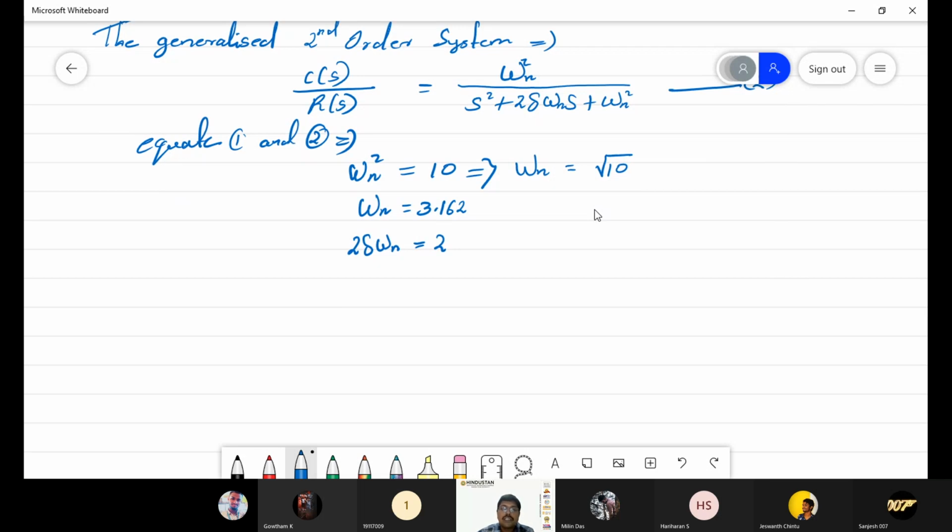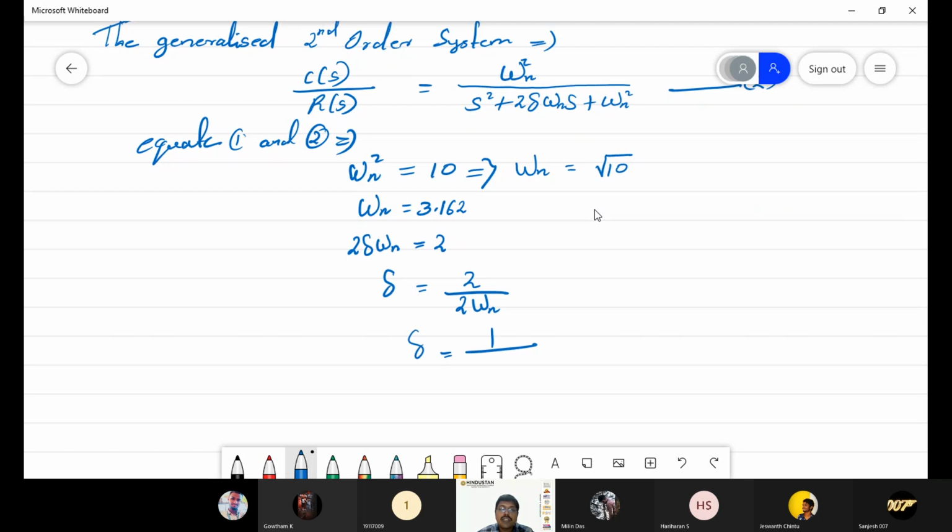So 2 and 2 will cancel each other. I need delta, so delta is equal to 2 divided by 2 into omega n.